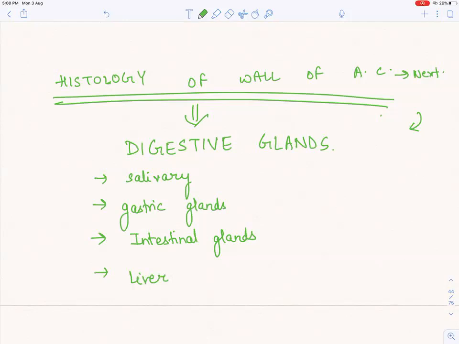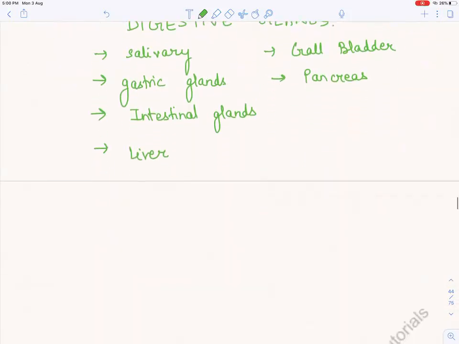Maybe I'll divide this digestive gland subtopic into many small videos, so when you are revising, you don't have to see the whole. Then the pancreas.